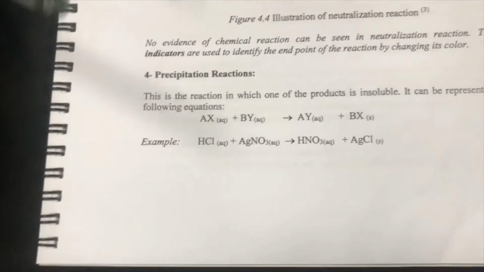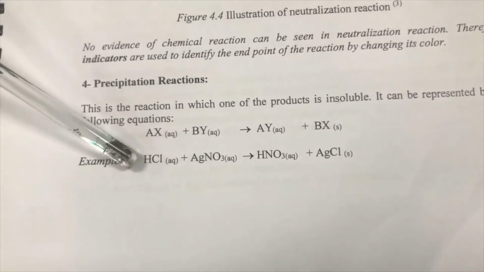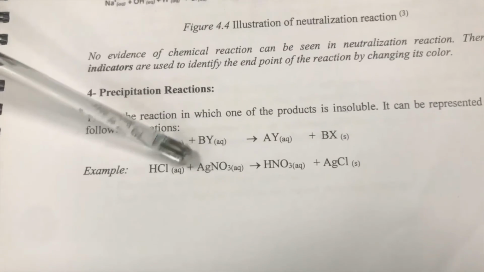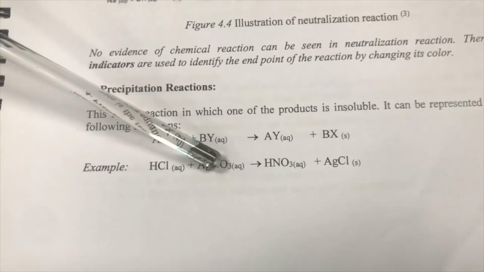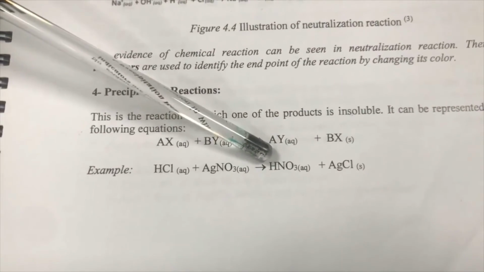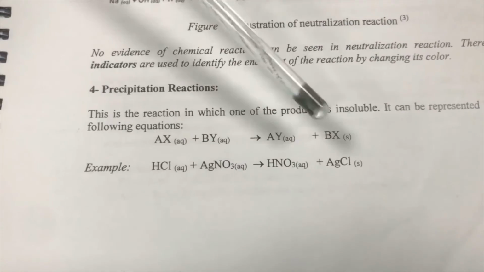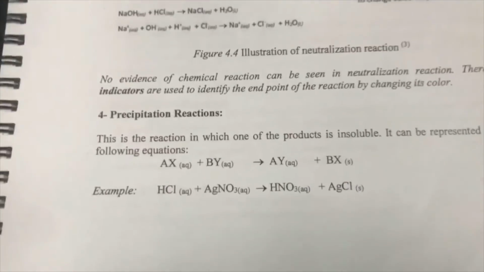For this we are taking the example of the reaction between hydrochloric acid aqueous and silver nitrate aqueous, and when we react them they produce two products. One is nitric acid, which is soluble, so we mark it aqueous, and the other one is silver chloride. Of course, this is a solid product.